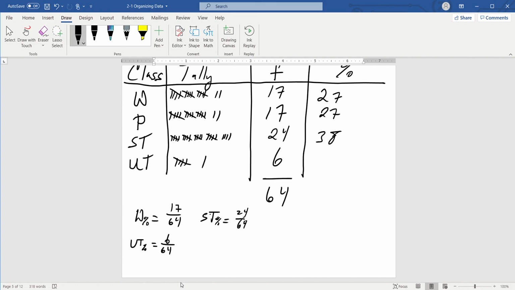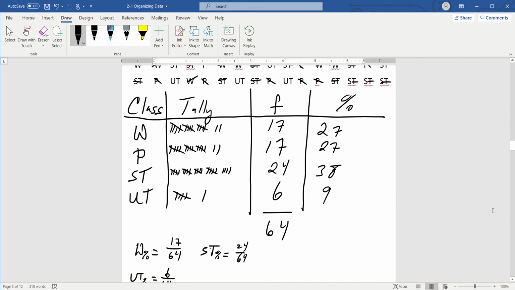If I don't see this, then I would assume you added these and subtracted that value from 100. Now if I divide here, since I got that written down, that gave me about 9. So this would be the categorical frequency distribution.